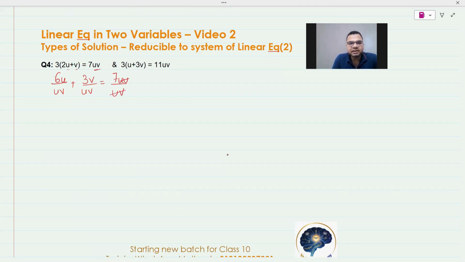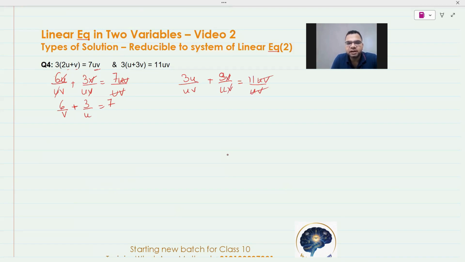So this gets cancelled, this also gets cancelled, here u gets cancelled. So it becomes 6 upon v plus 3 upon u equals 7. Similarly, here also if we do it, 3u upon uv plus, sorry, 3 into 3 is 9, 9v upon uv equals 11uv upon uv. So I've divided the whole equation by uv.